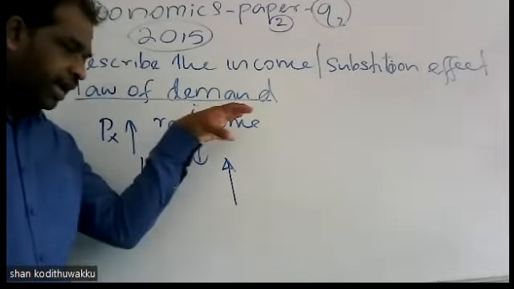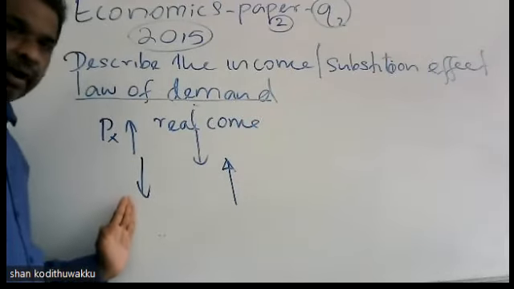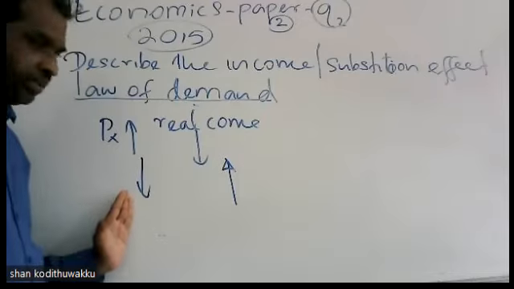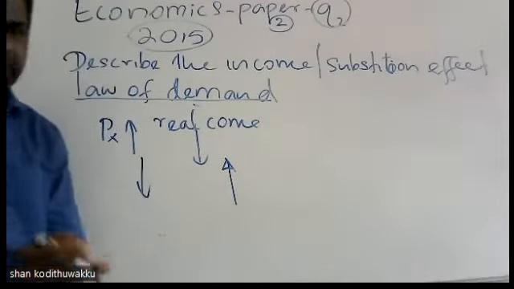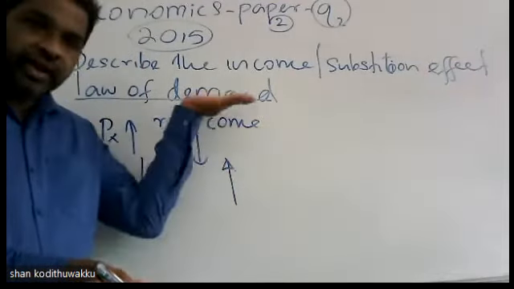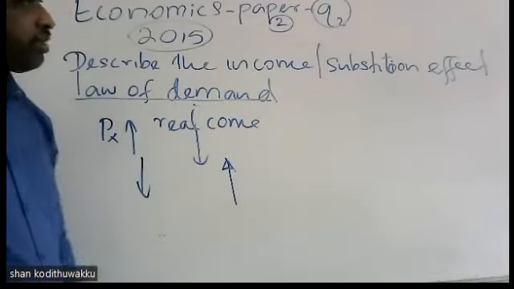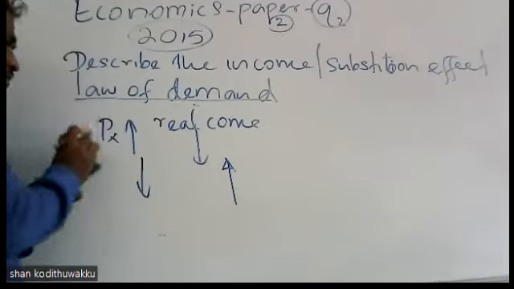That means our real income will come down. When the price of the product decreases, the real income will increase. That means the number of items which we can buy at the same income will increase. You have to explain that at the examination.